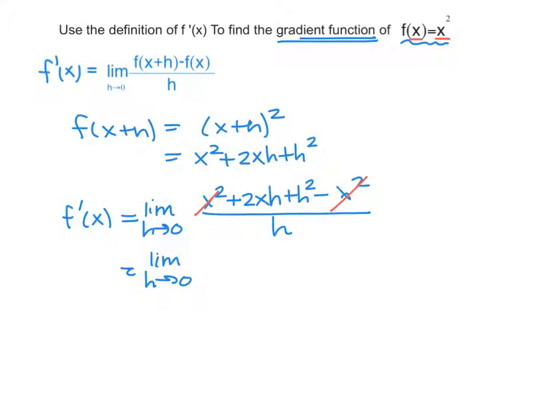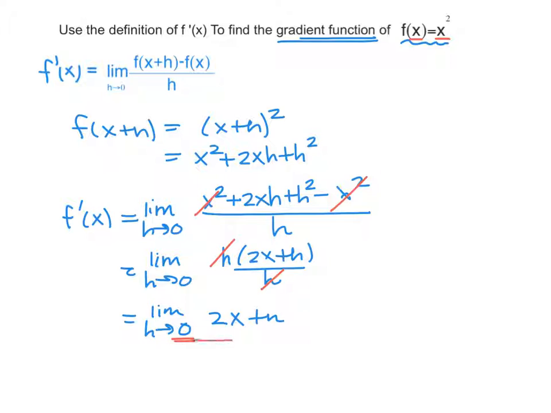They have h's in common, so you can factor out the h. So you're left with 2x plus h over h. Cancel out the h, we're left with the limit as h goes to 0 of 2x plus h. Plug in the 0 for the h in here, we get 2x. So derivative of x squared is equal to 2x.